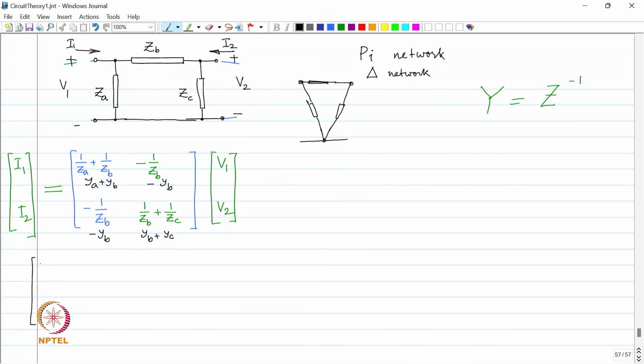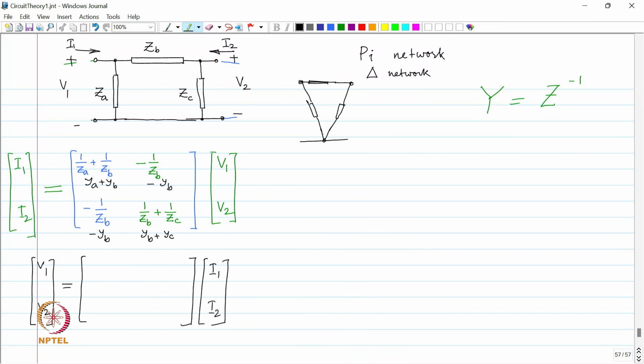So, what do I want? I want to find the z parameters of the same circuit, and the way we are going to find the z parameters is by performing my two experiments, right. Open circuit port 2, push 1 ampere into port 1. So, I open circuit port 2, this is open, nothing on port 2, right.